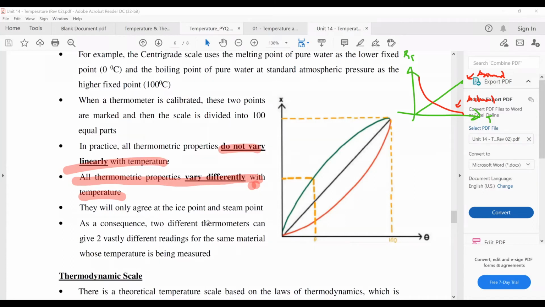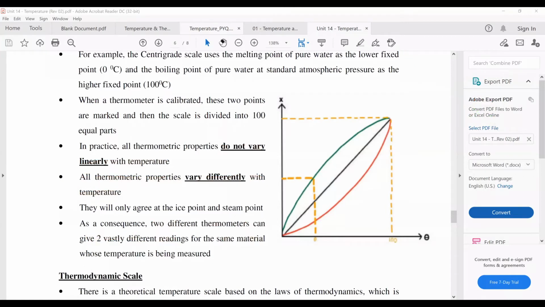The problem is that if you have two different thermometers with two different thermometric properties, and you use them to measure the same material, they will give you two very different readings. What I mean by that is this.